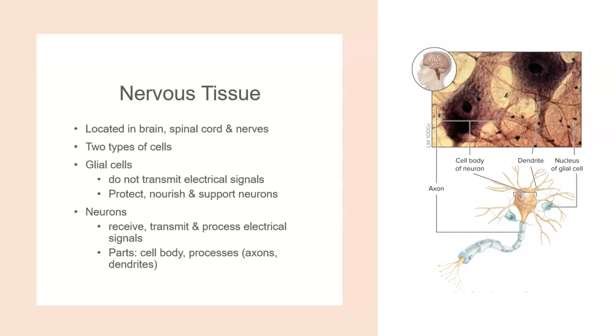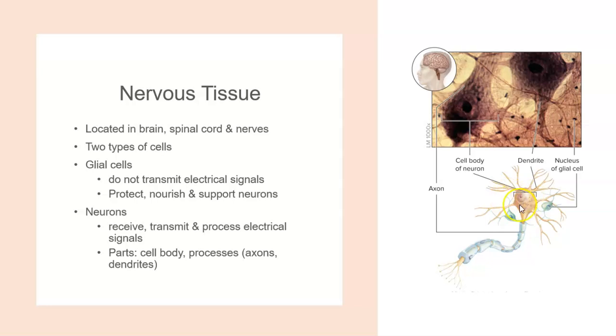When we look at the parts of the cells that make up nervous tissue, we have the cell body, that is your processor, and then we have two different types of processes that stick off the cell body. You have very highly branched and numerous dendrites. Think of those as your receivers. They receive information.